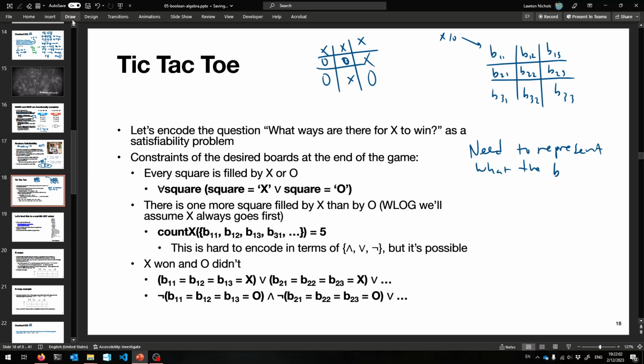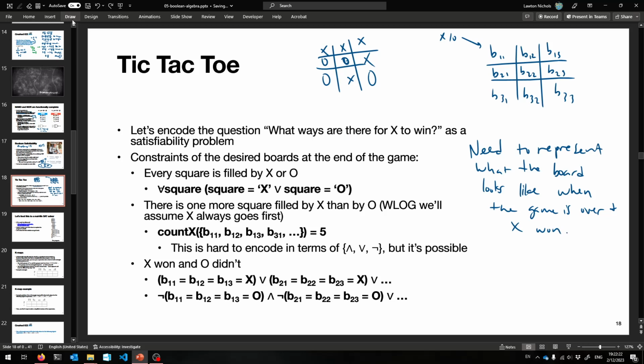What the board looks like when the game is over and X won. That's kind of the question that I'm going to show you how to ask. When the game is over and X won, because that's what we want to try and figure out.